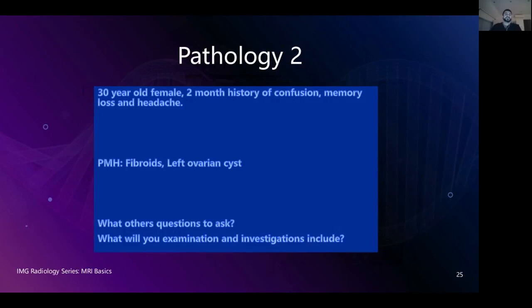So pathology 2, we've got a 30-year-old female with a 2-month history of confusion, memory loss, and headaches. Past medical history, she's got fibroids, she's got some ovarian cysts. What other questions would you ask?